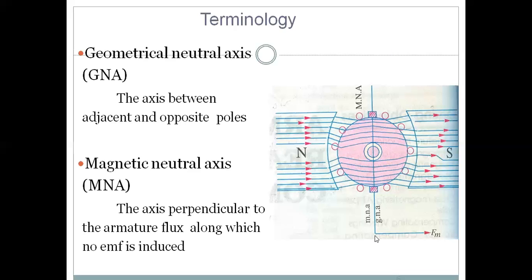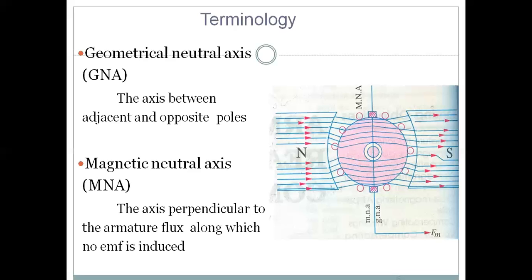It is the axis between adjacent poles. This axis between adjacent poles will not change when armature reaction takes place. The physical poles' place will never change. That's why the GNA will not change.